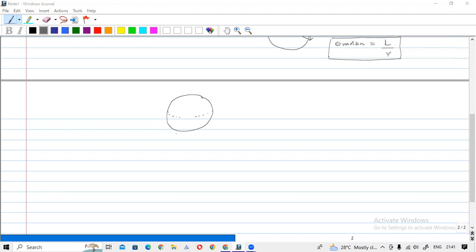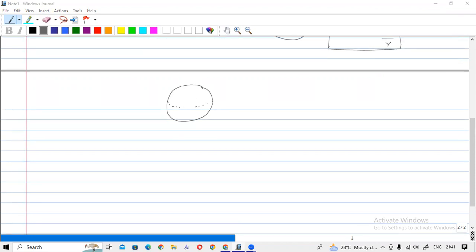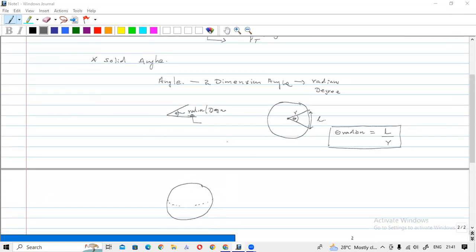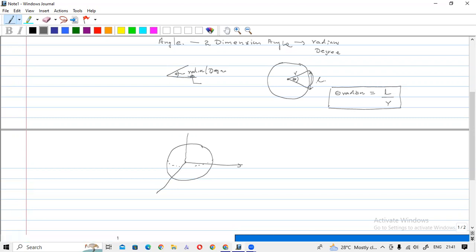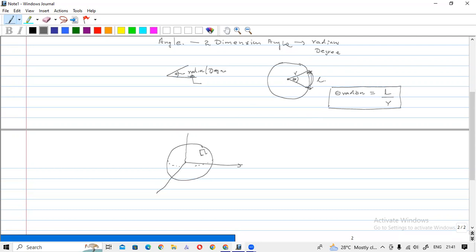If you consider a sphere, in a circle you are taking a length, a section of the circle. That is a length. But if you consider a section of a sphere, it is an area.